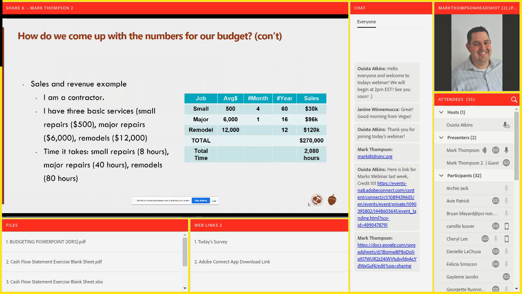Actually, I'm just noticing that should have had a one there for the month, and it should have been a 1.5 for the major. But then we multiply that for the month. That number that we think that we're going to do each of those jobs, right? And you can just see it's just multiplying there, right? So 500 times 4 or 4 times 12.